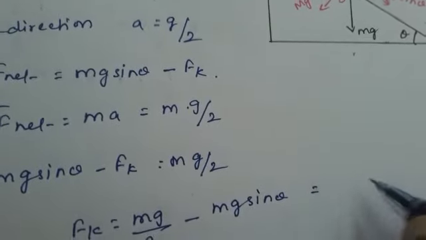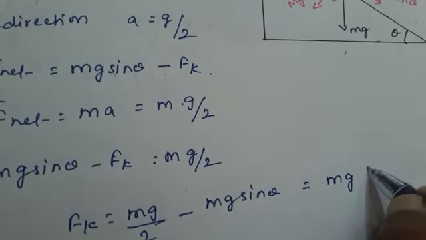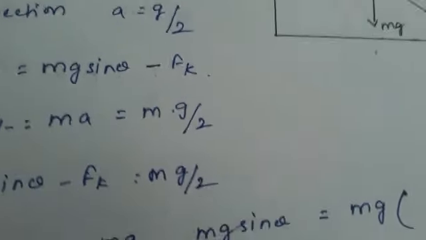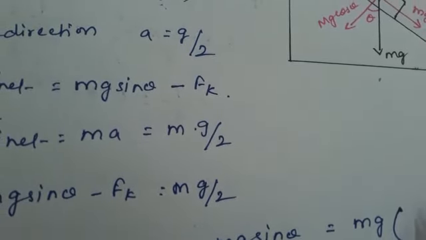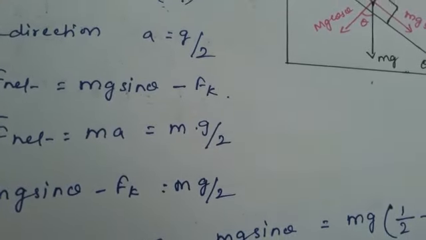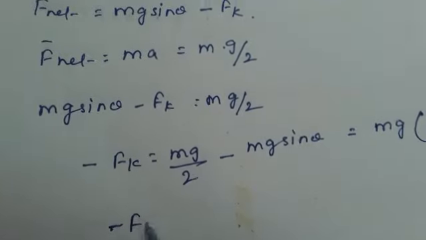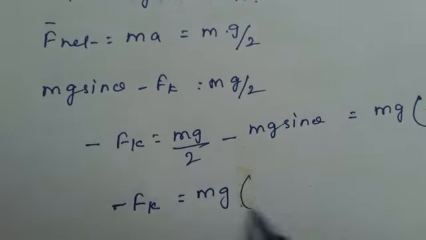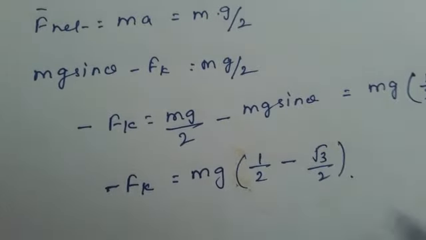This can be written as, taking mg outside, 1 by 2 minus sin 60. So it is minus Fk is equal to mg into 1 by 2 minus root 3 by 2.